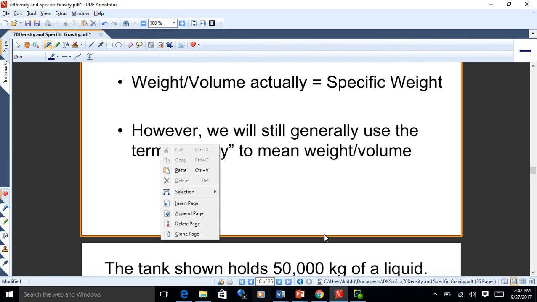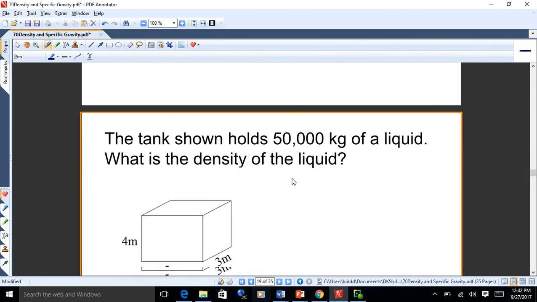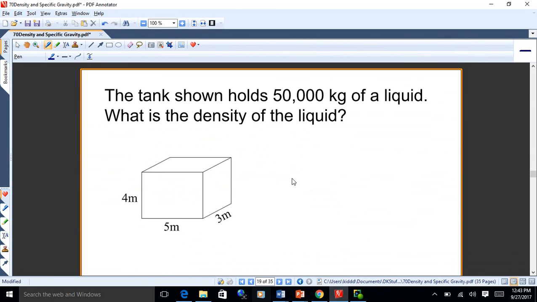It's the same sort of thing if you want to find a density. You find it in kilograms per cubic meter. So if you've got the mass and you want the density, you take the mass this time and divide it by the volume, and be sure that your units work out.